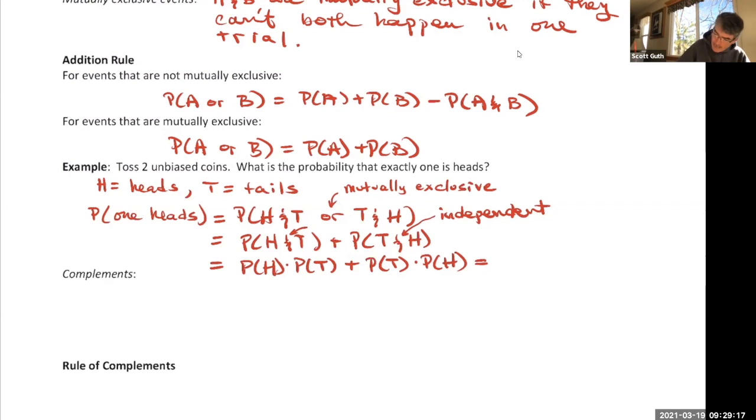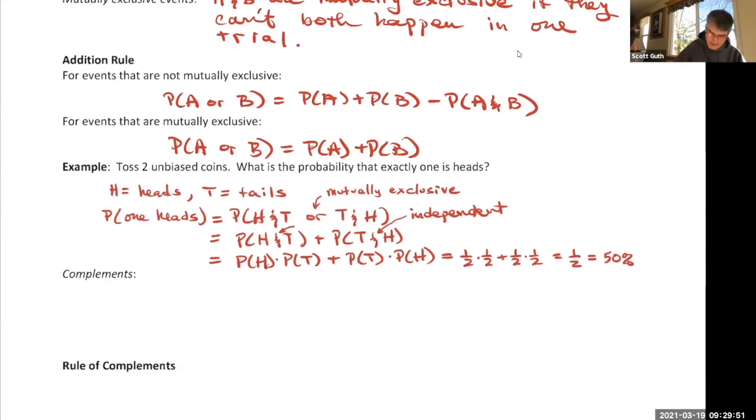So you're just doing a half times a half, which is a fourth, plus a half times a half, which is a fourth, and a fourth plus a fourth is a half, which is 50%. So if you drop 2 coins, there's a 50% chance that one's a head and one's a tail. And that just totally makes sense. But that was a pretty hard way to get there. But at least I've proven it, I guess, if you want to call that a proof.